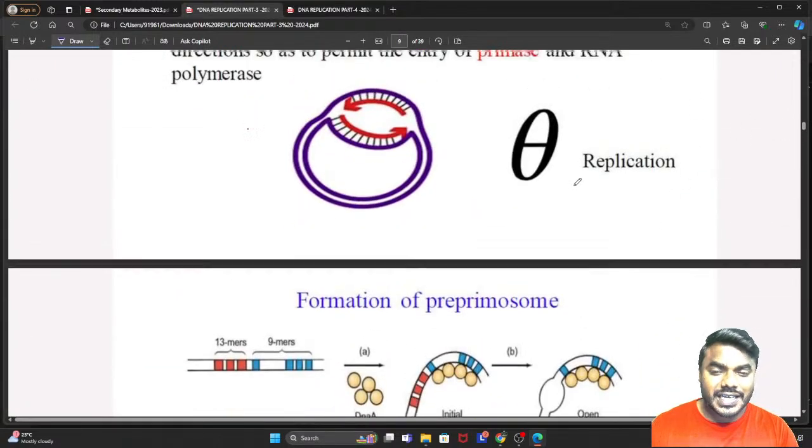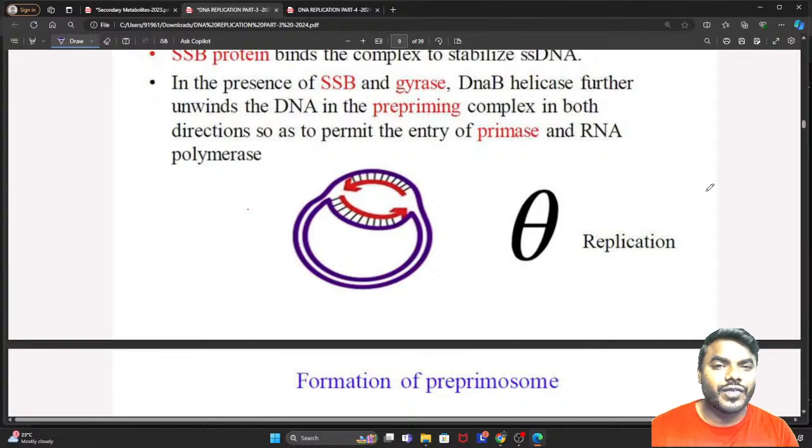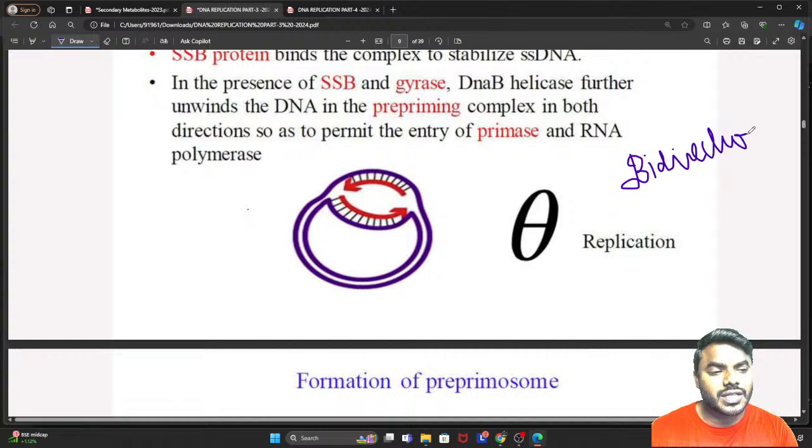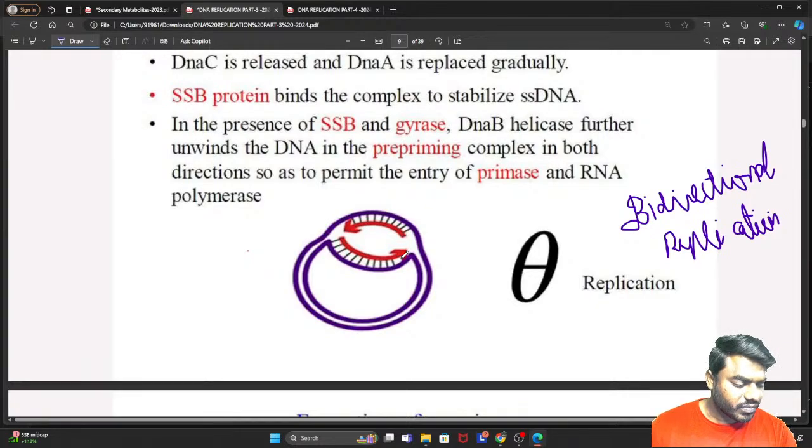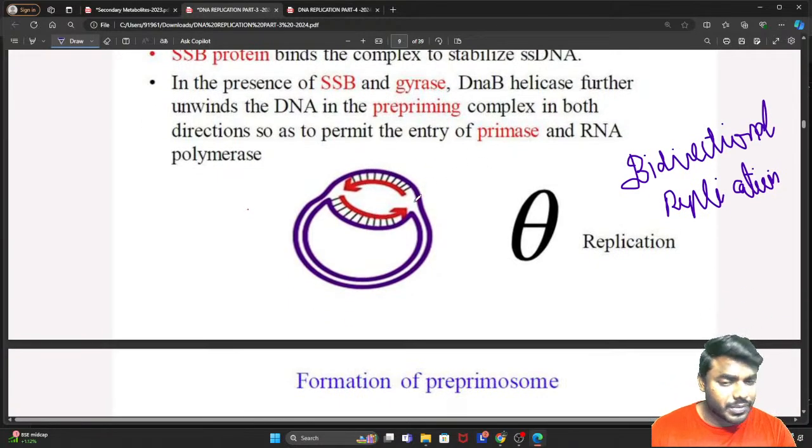Why do we call it theta replication? I have very clearly told all the students, whether it is a prokaryotic or a eukaryotic organism, friends, mostly what kind of replication will they show? They generally show bidirectional replication only. So one fork is moving in this way and one fork is moving in the opposite direction.